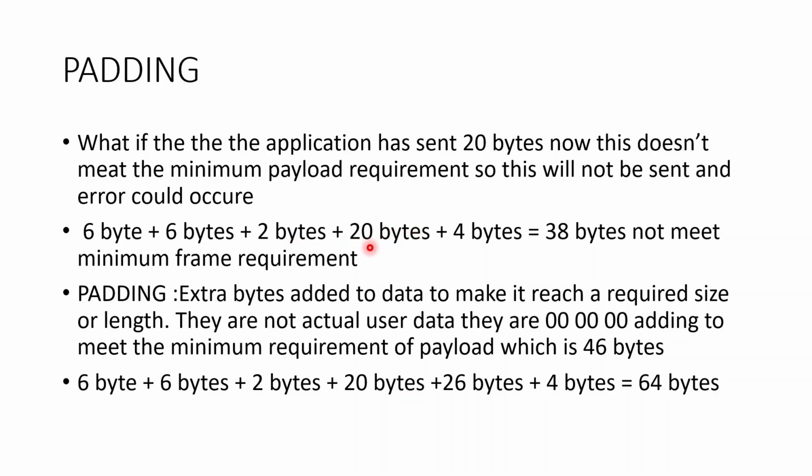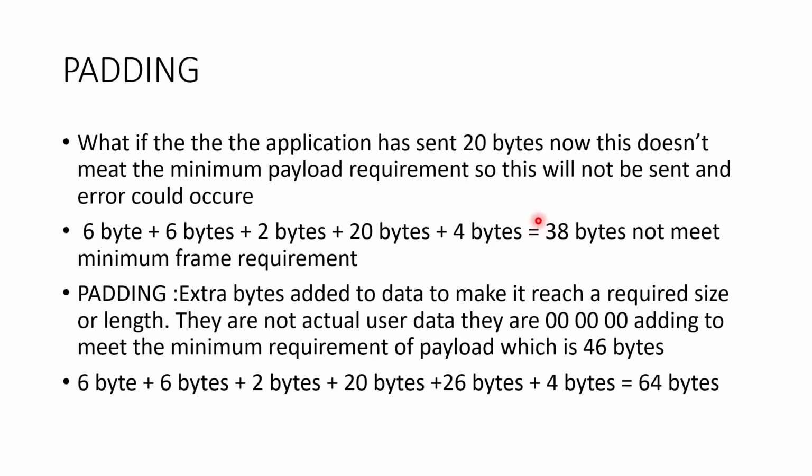Do you remember the minimum payload size is 46 bytes, but for now it is 20 bytes, which means it does not meet the minimum payload size. Then the next field is the frame check sequence, which is 4 bytes. Once we add these numbers together, we get 38 bytes. This is the frame. Once we add together all these Ethernet fields, we get the frame.